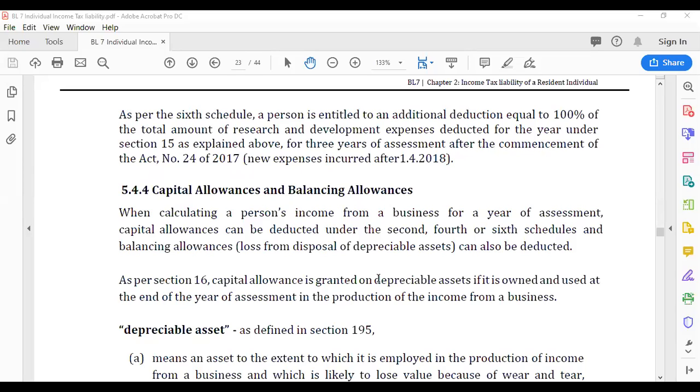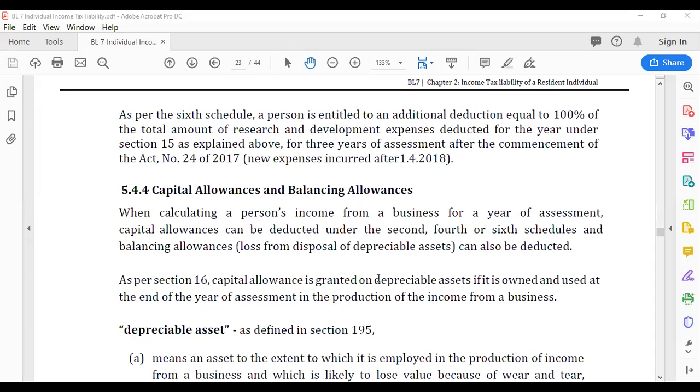Capital allowances and balancing allowances. Capital allowance, do you know what depreciation is? Depreciation of assets.